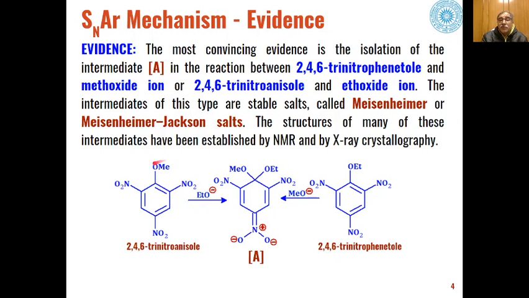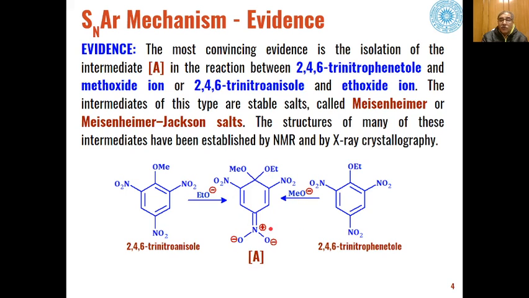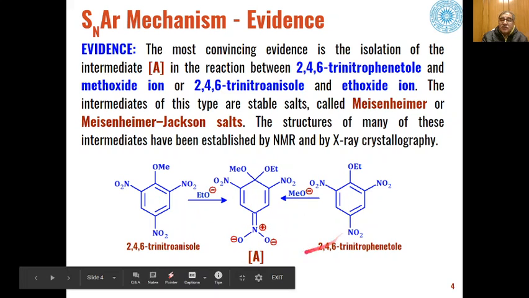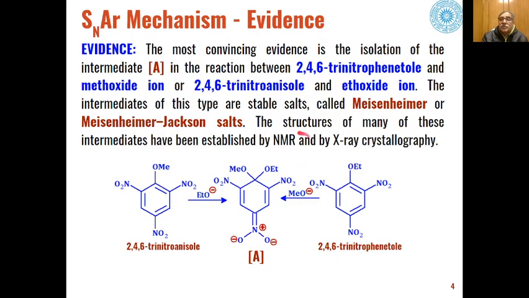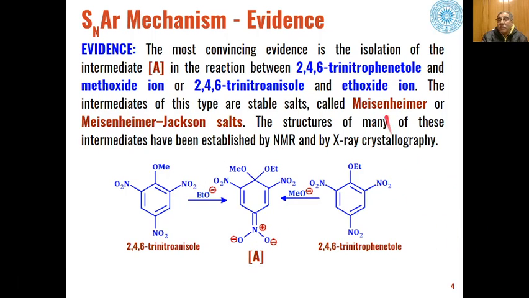If we start with the methoxy substrate and react with ethoxide base, then also we will get the same type of salt. When these two reactions were performed, we got the same product, whose structure was also established by NMR and X-ray crystallography.